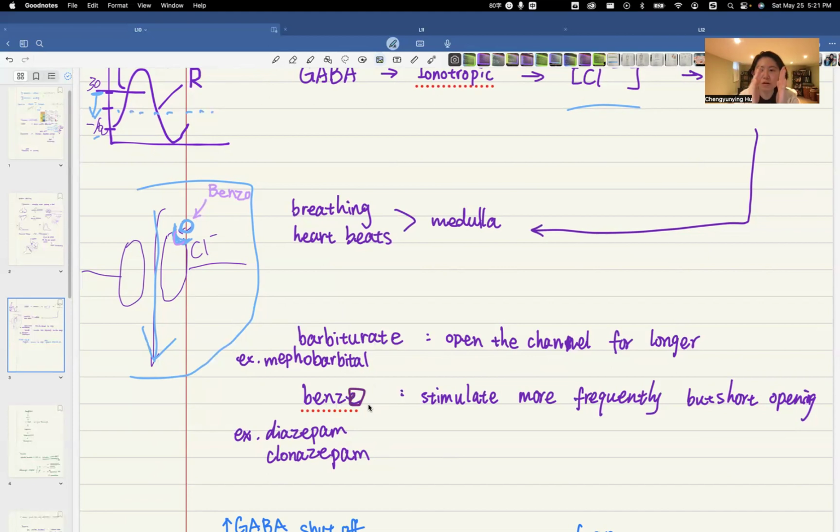So the chloride rushes in a little bit, then waits for a bit, and then comes in again. That makes benzo more stable. The patient doesn't have a drastic change when taking benzo, because too much inhibition will decrease breathing rate and heart rate.